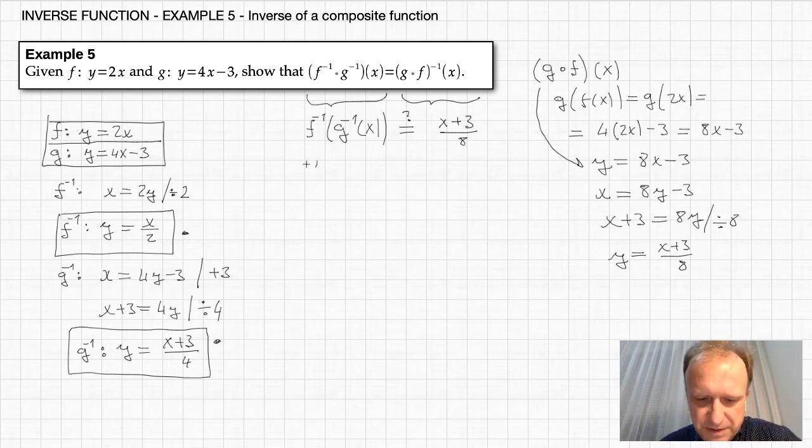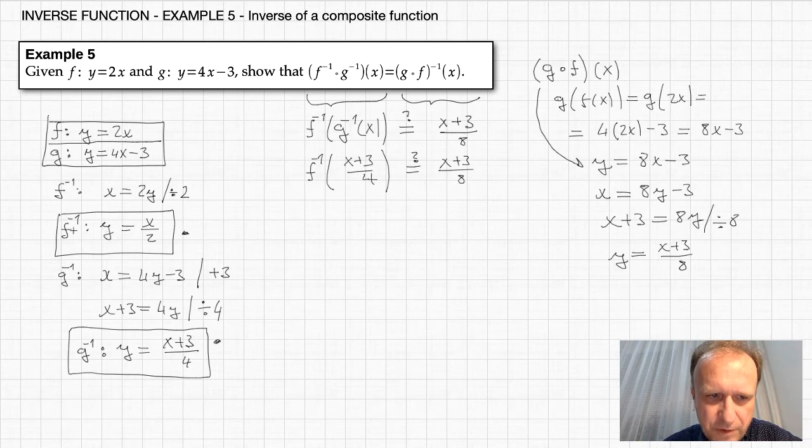The only problem now is to compose or combine these two functions using this result. So first, let me start with copying the inverse of f, and instead of the inverse of g of x, I write x plus 3 over 4. And I ask whether or not this is equal to x plus 3 over 8. Now, I will use the formula for f inverse of x, which is x divided by 2, but instead of x, I use this fraction here. So I have to divide this fraction by 2.